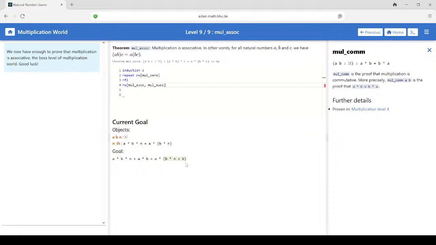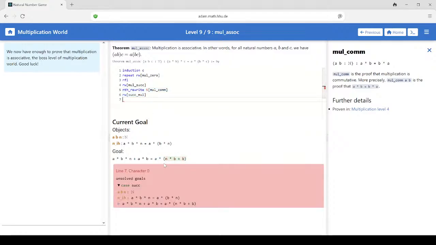Wait, no, it is slightly different. This is b times n plus b. I have n times b plus b. That doesn't help us very much, though.